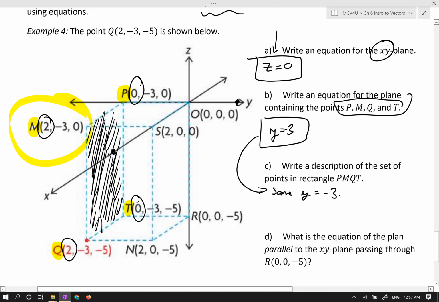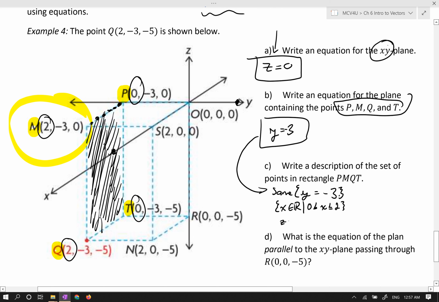No, because my points could fall with any value in between 0 and 2. So here I would say, okay, x is an element of the reals such that 0 is less than or equal to x, which is less than or equal to 2. So y has to be equal to -3, but x can fall anywhere in between 0 and 2.